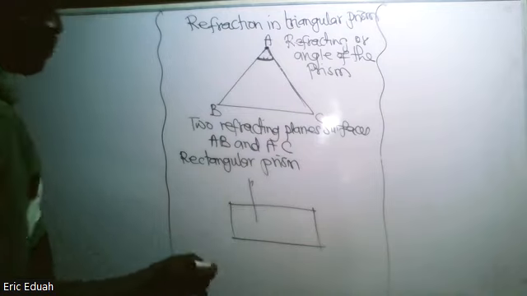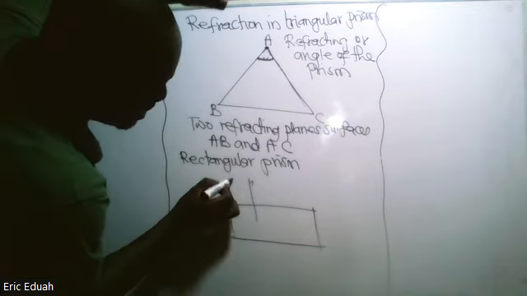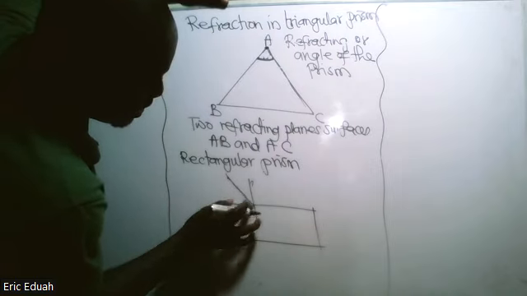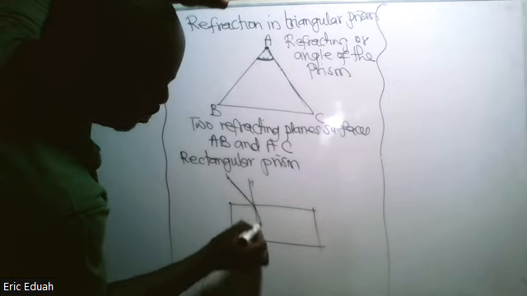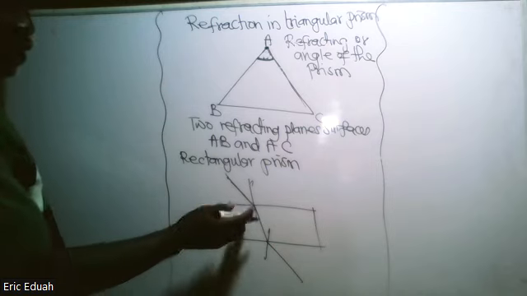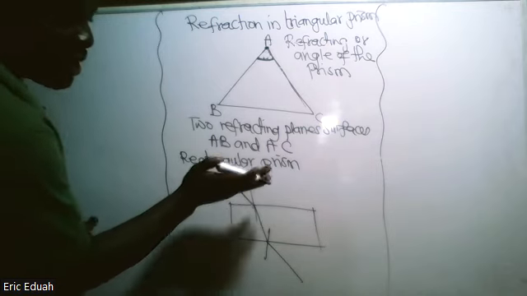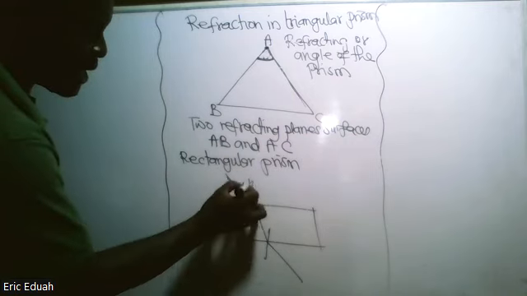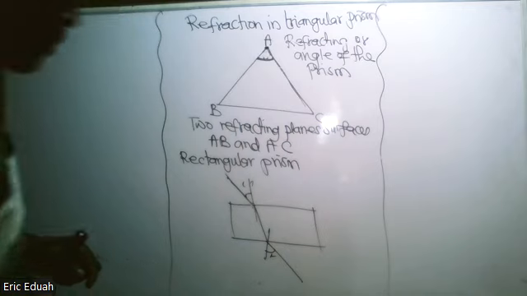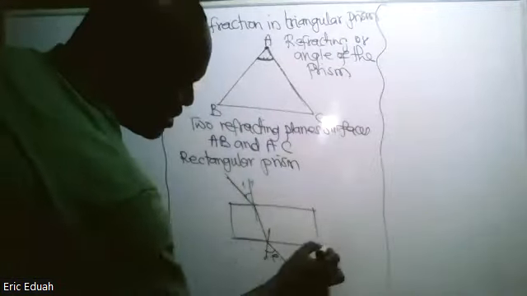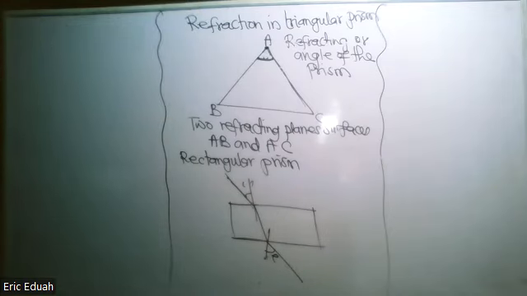This is the normal. Whenever light is incident at this side, yes, it will deviate the path of light. Over here, it will cancel out. So the refraction at the first side cancels out. That's how come i is equal to r, i is equal to e, for refraction in a parallel plate medium.